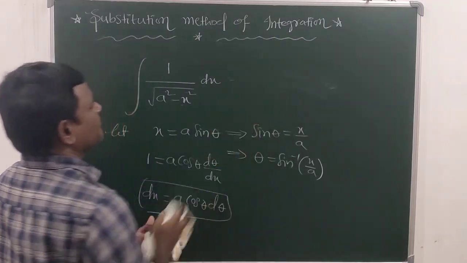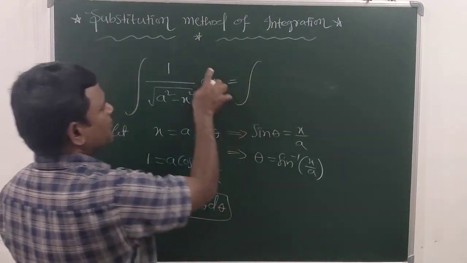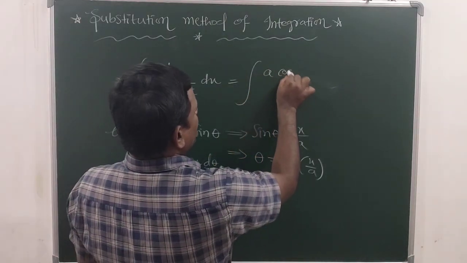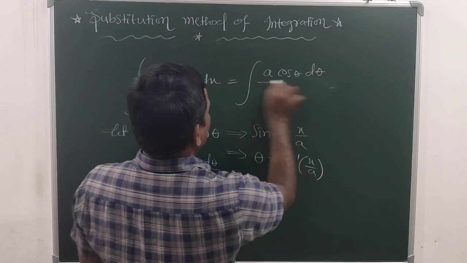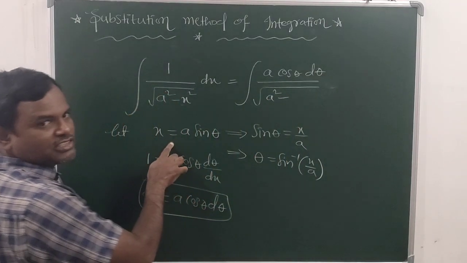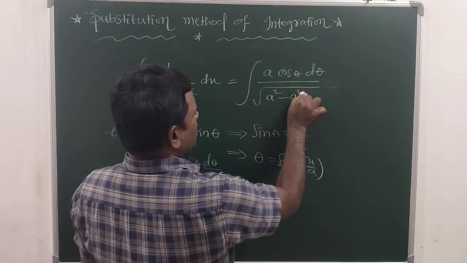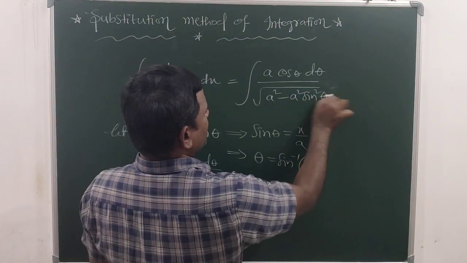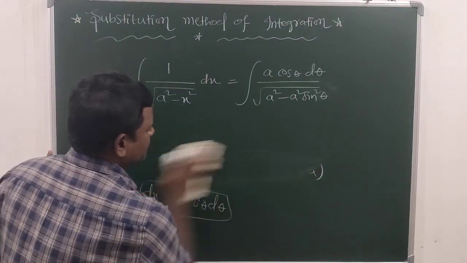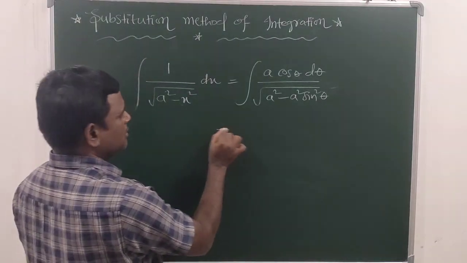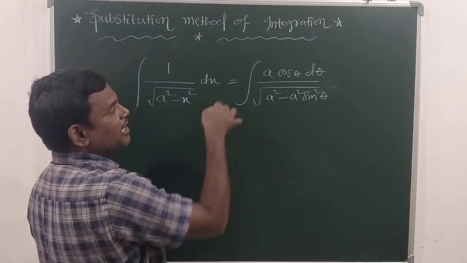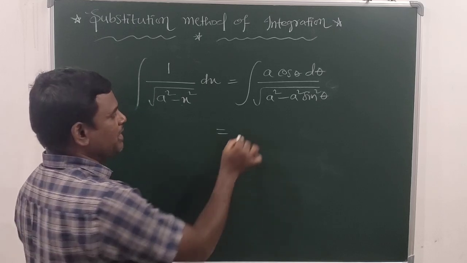Now see, integral of, in the place of dx write this value, a cos theta d theta by square root of a square minus x square. So here a square sin square theta. Now simplify that. Take a square outside, so that a will cancel with the numerator a.